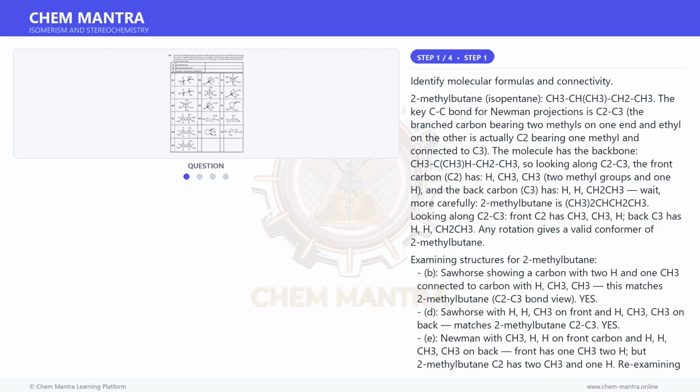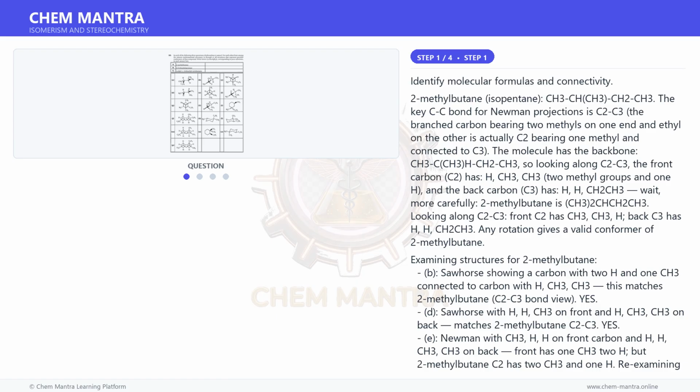Yes. E, Newman with CH3, H, H on the front carbon and H, CH3, CH3 on the back. Front has one CH3 and two H, but 2-methylbutane C2 has two CH3 and one H. Re-examining, E front carbon: CH3 top, H left, H right; back carbon H, CH3, CH3.